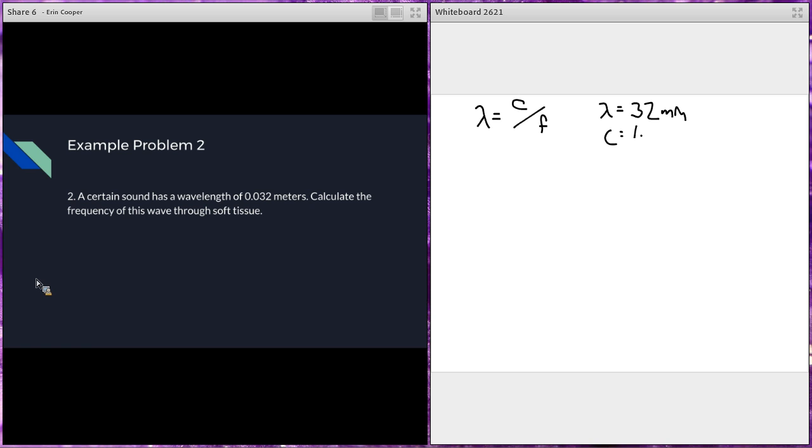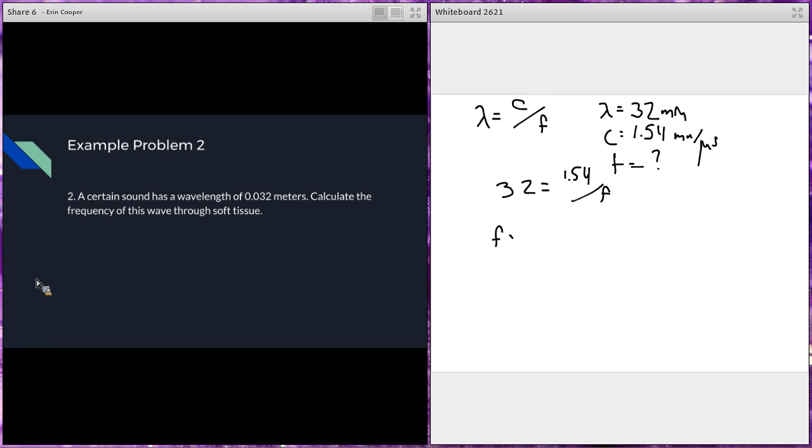Prop speed, it's soft tissue, so it's 1.54 millimeters per microsecond. And then our frequency is what we're trying to solve. So again, we're going to put 32 on this side equals 1.54 over F.